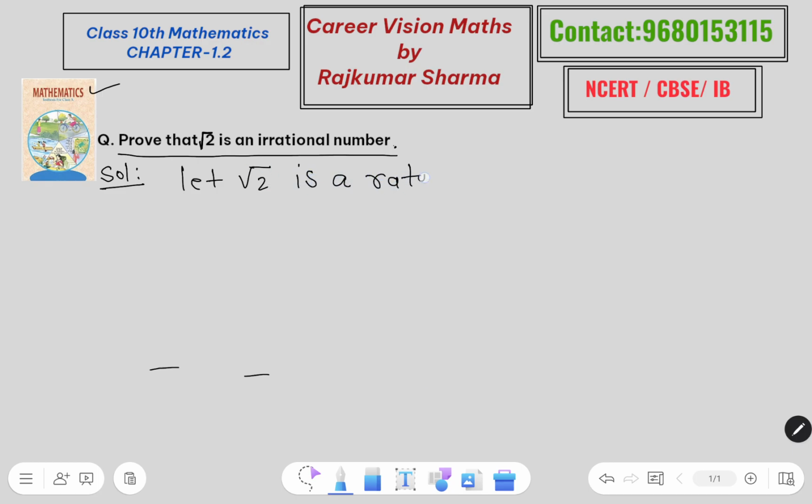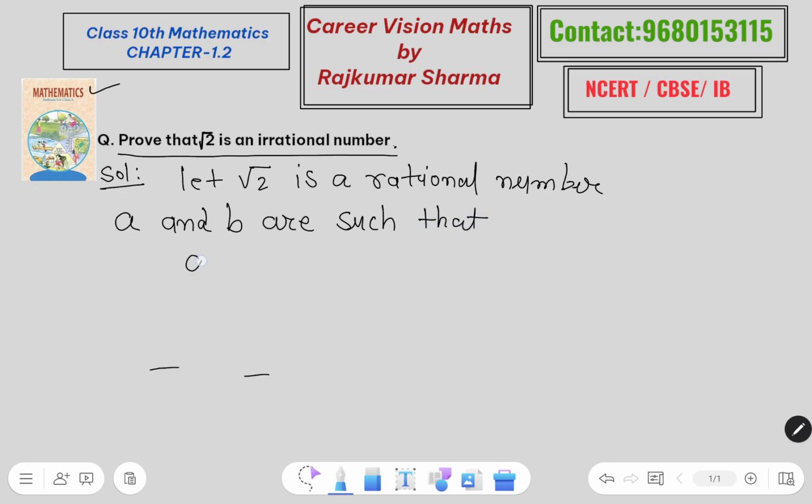Okay, a rational number. Rational number means if root 2 is a rational number, it means any two integers a and b exist such that a upon b is equal to root 2 according to the definition of rational number.